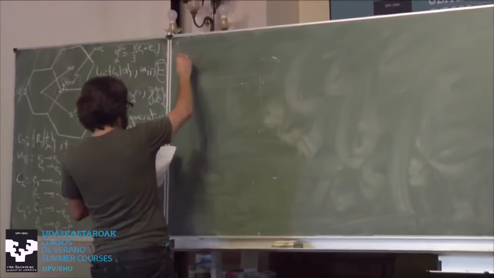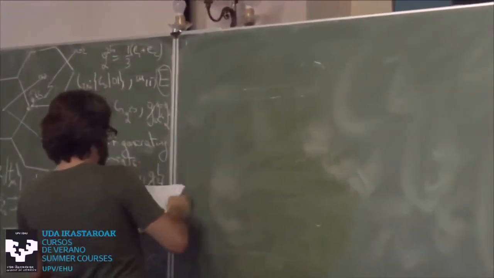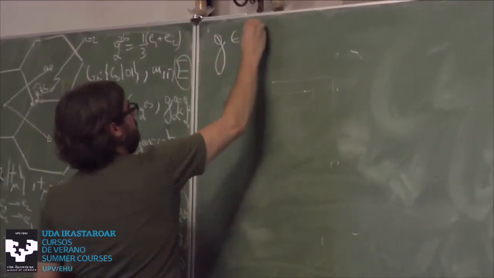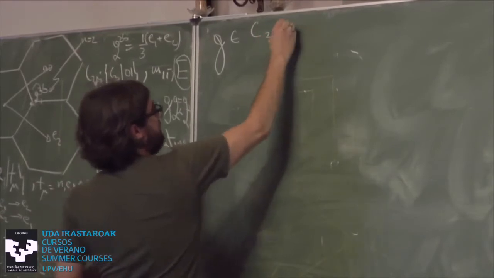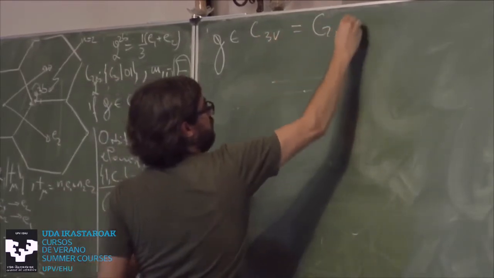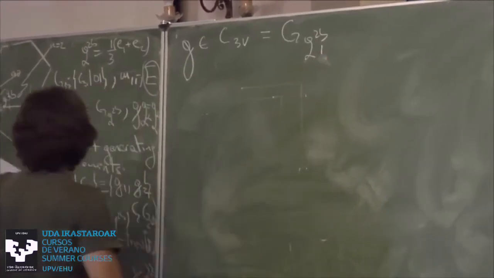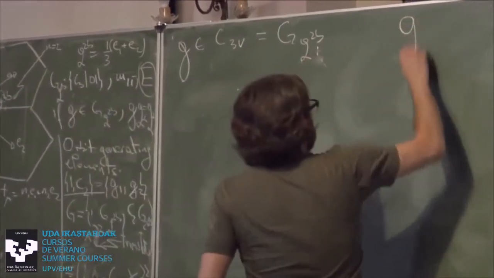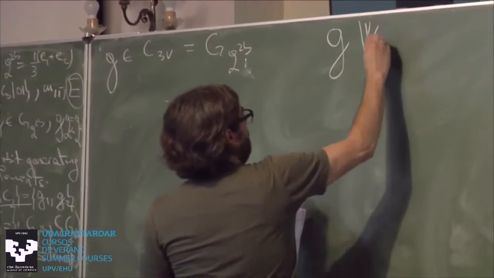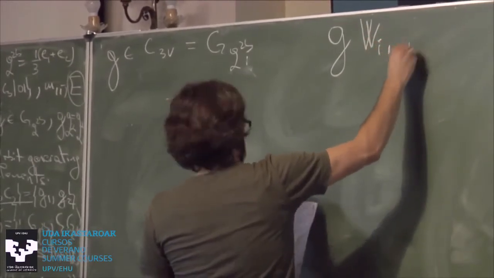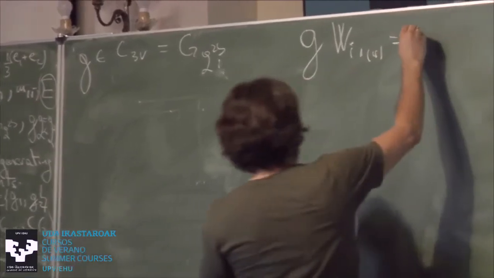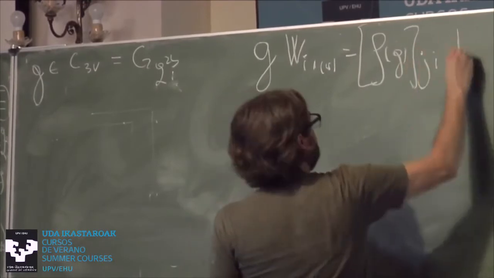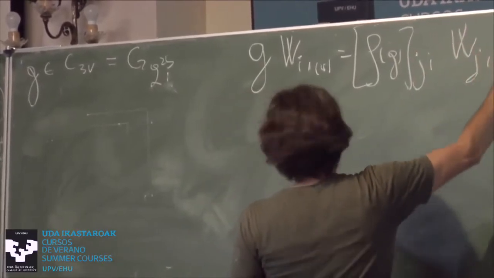Now, since I know the representation, I know that if my element G belonging to C3V, which is the site symmetry group of the Q2B1 position, it's also the site symmetry group of this one, I know that G acting on the wave function at site 1 is just the representation of G. This is just representation theory.